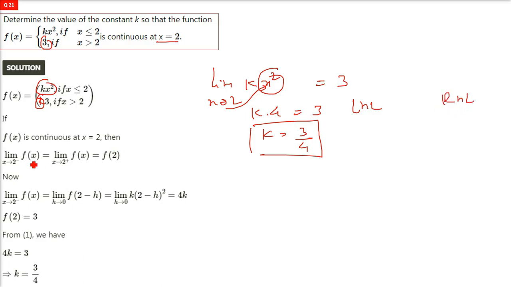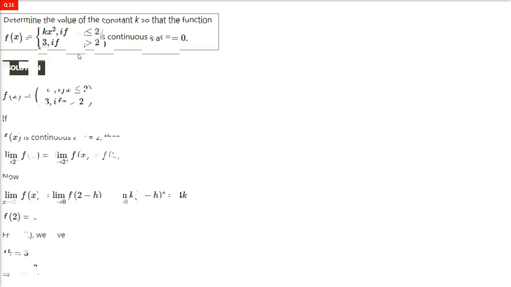But since the right hand limit, for x greater than 2, is already 3, you don't have any x here, so you cannot put 0 plus h in place of 3. That is why you can directly do it. But in the next questions, you have to find the left hand limit and right hand limit, and then only you can proceed. You'll see that just now. But here, since it is already 3, you can just equate it.